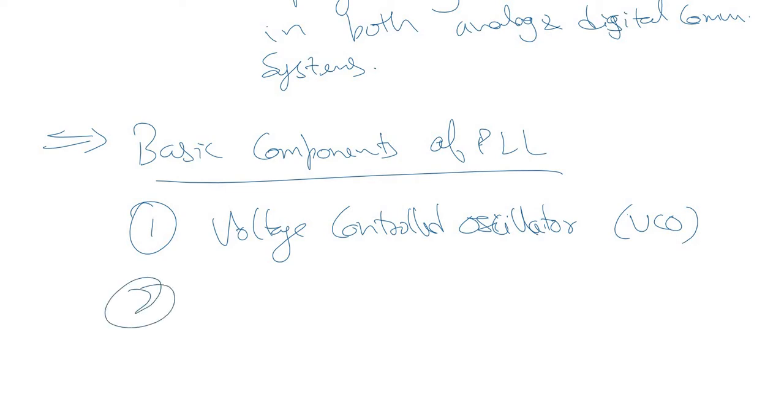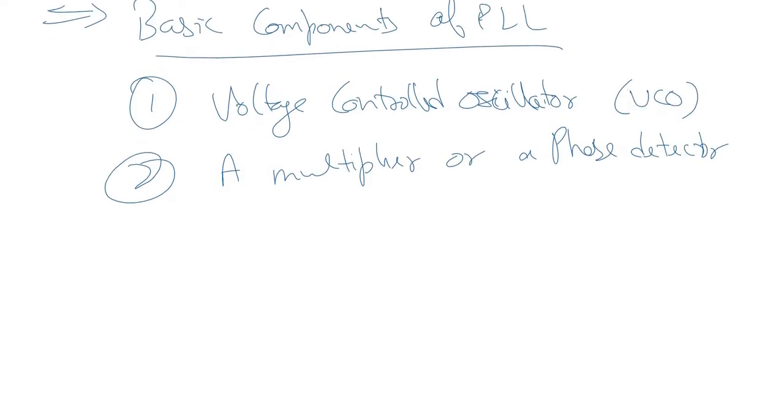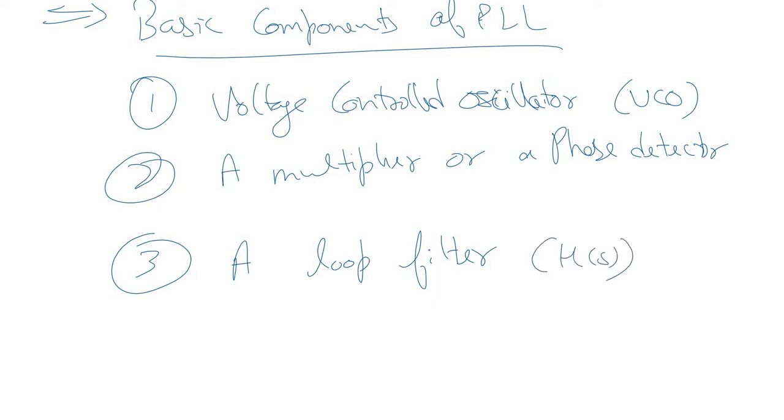The second one is a multiplier, or a phase detector, or you can say a phase comparator. It is basically a multiplier circuit which acts as a phase detector or a phase comparator. And the third one is a loop filter with some impulse response, let's say H of s.